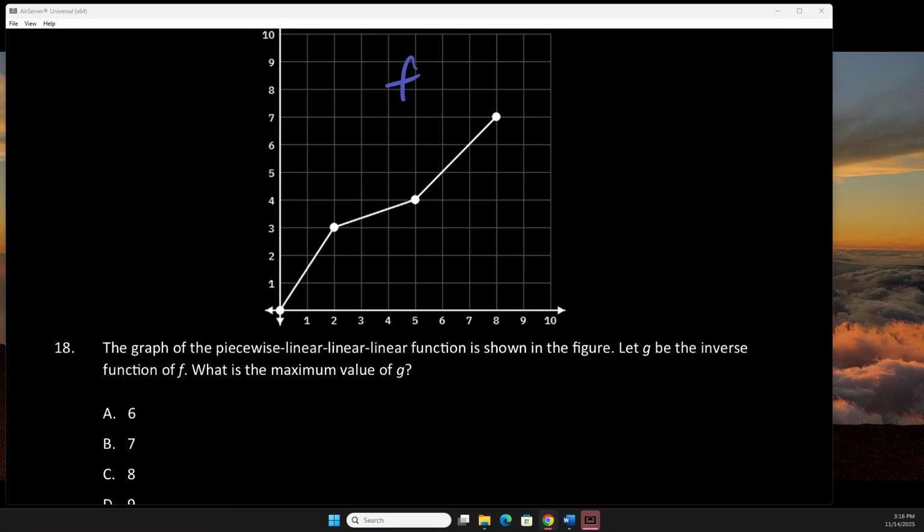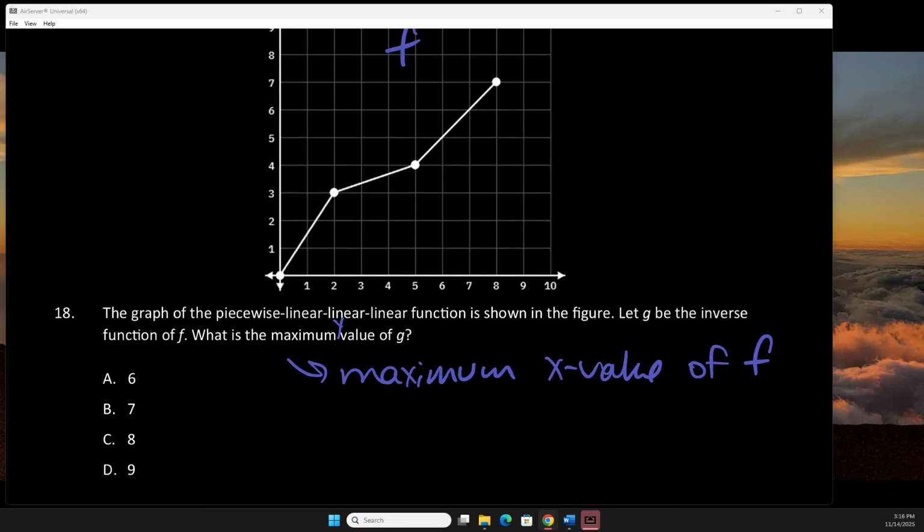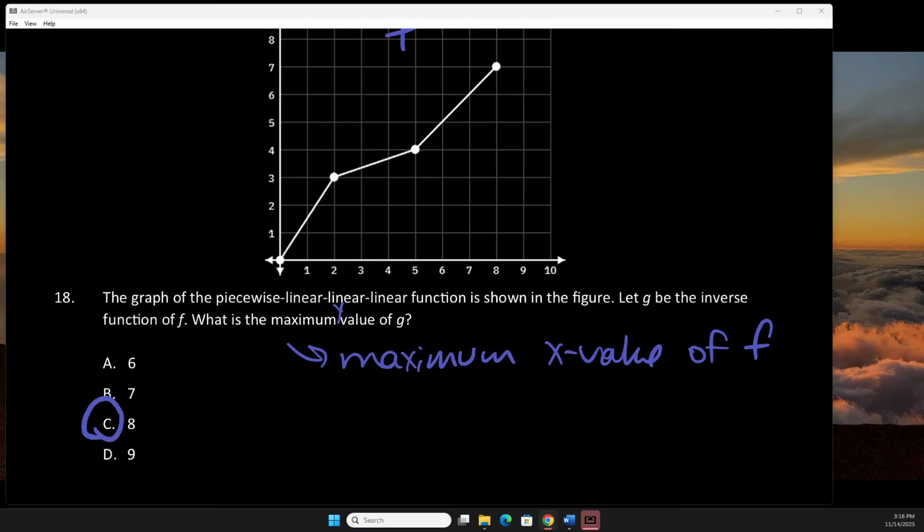That's the maximum y value of g, and it should match up with the maximum x value of f, which is going to be 8, because with inverses, the x's and the y's are going to switch.